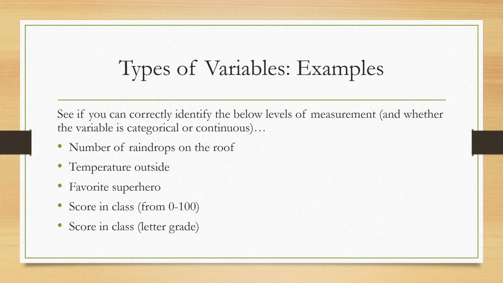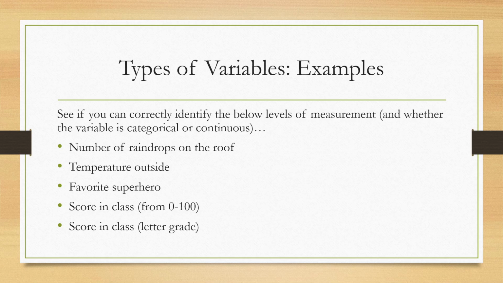So we would have favorite superhero be nominal. Score in class from 0 to 100. Well, because we have the 0, that's going to be a ratio measurement. So it's a score in class. Excuse me. I'm sorry. I keep forgetting. Favorite superhero, categorical. So it's nominal and then would be categorical.